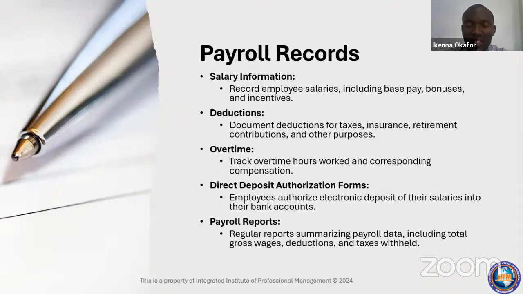So basic, housing, transport, all that. Then you also have deductions. What are the things they deduct? You have tax, insurance, contributions, loans, and so on and so forth.